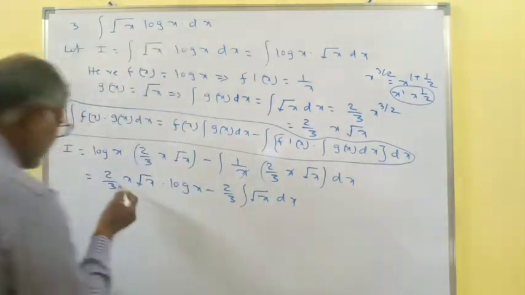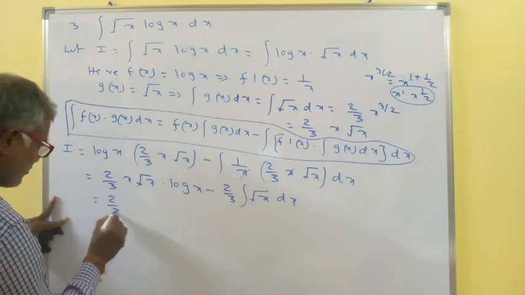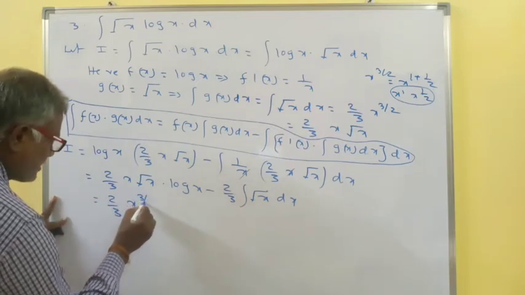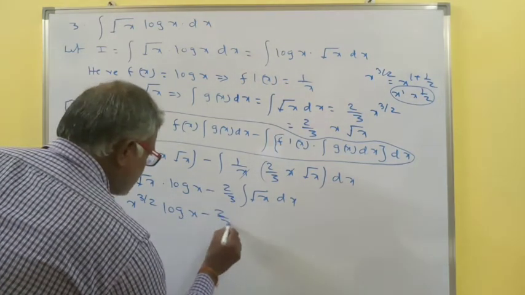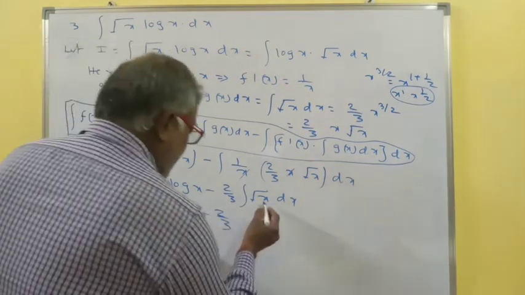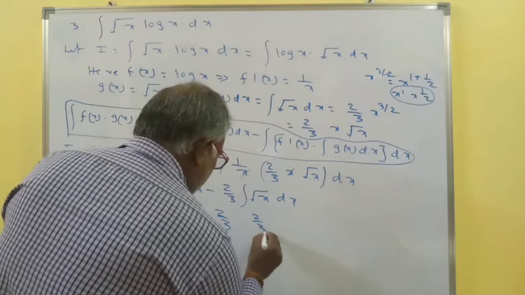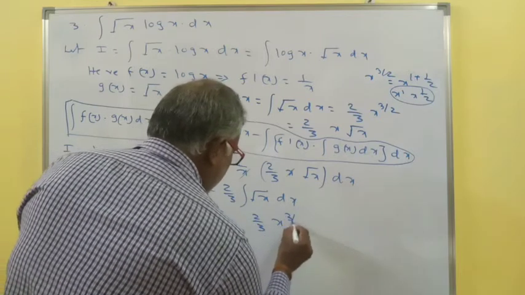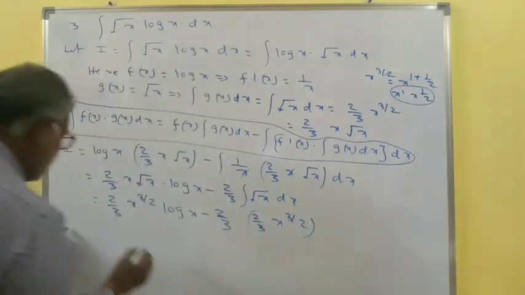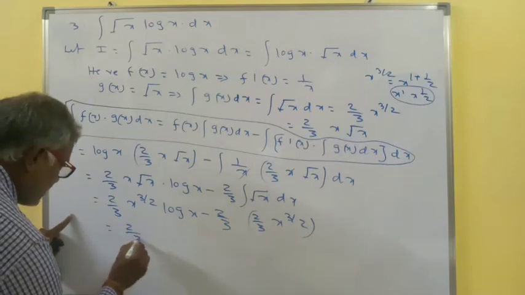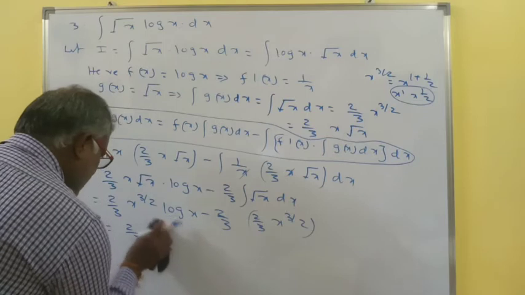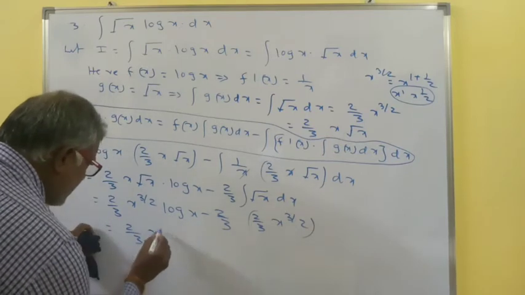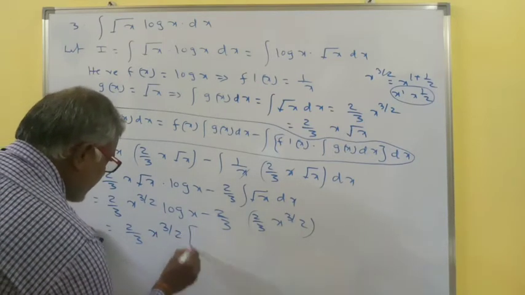Okay. So finally here 2 by 3, this is nothing but x power 3 by 2 log x minus 2 by 3 into, here root x integral 2 by 3 into x power 3 by 2. So take 2/3 x power 3 by 2 as common factor.